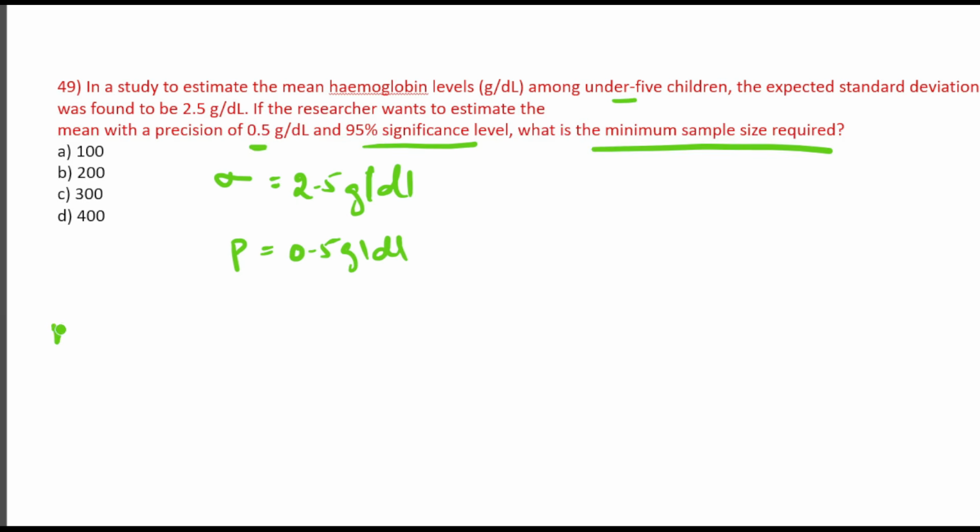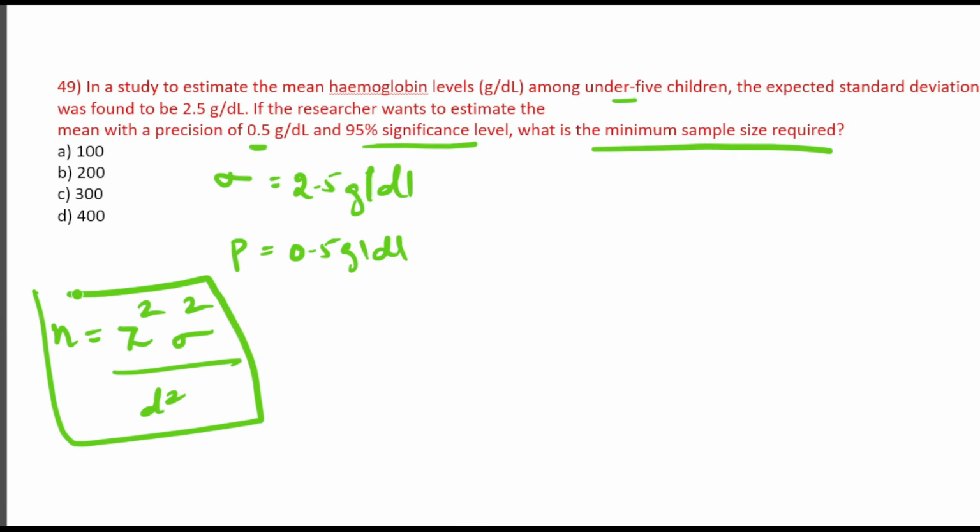So, when a standard deviation is being given, the formula is z square into standard deviation square by d square. Okay, we know the value of z is 1.96. Then they gave standard deviation 2.5 grams and what is d? D is 0.5. So let us substitute the values.